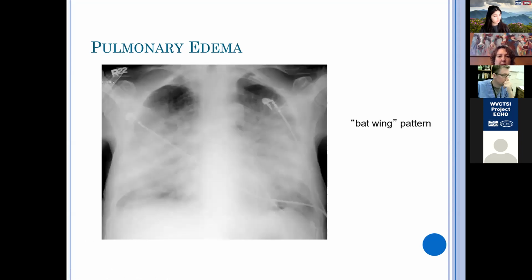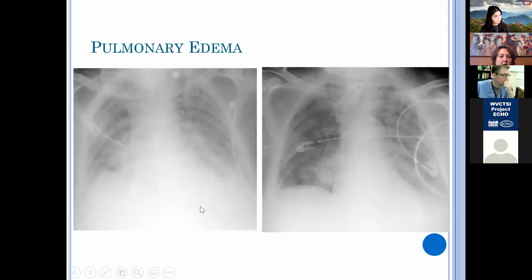This is another pattern of pulmonary edema called the bat wing pattern. You can see where the edema is worse out here in a bat wing type appearance. These are other pictures of pulmonary edema where the lungs are very fluffy.